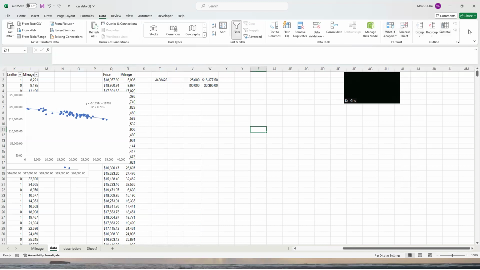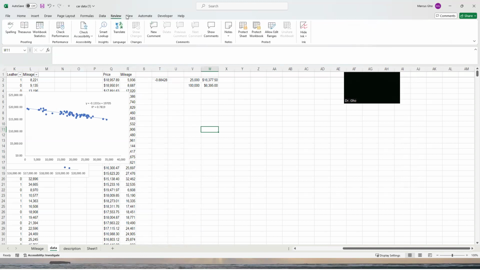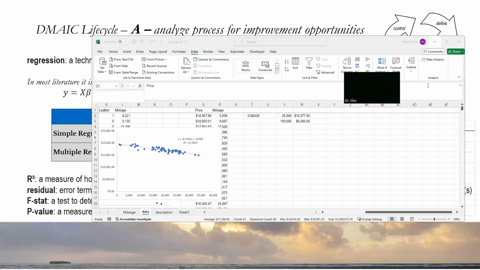So I should have somewhere over here where I can look at data analysis. Okay, now that I did that added thing, the data analysis shows up.